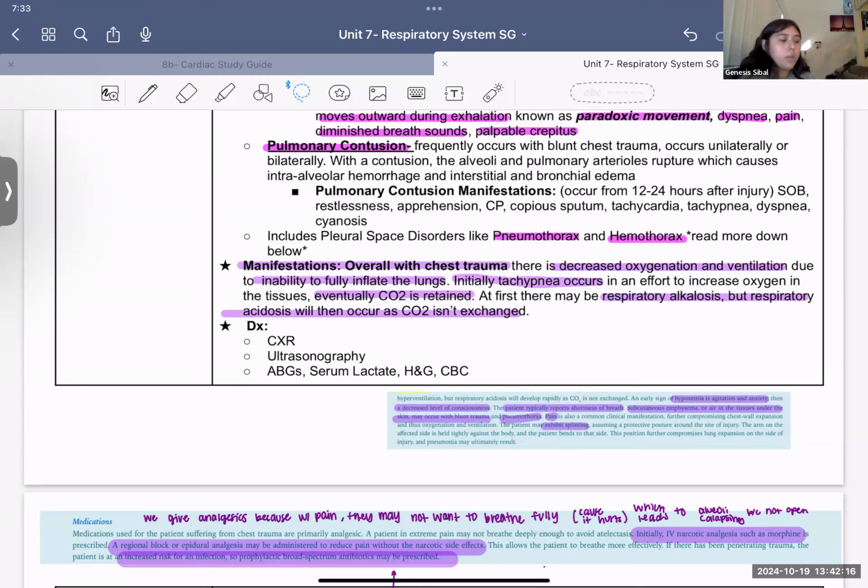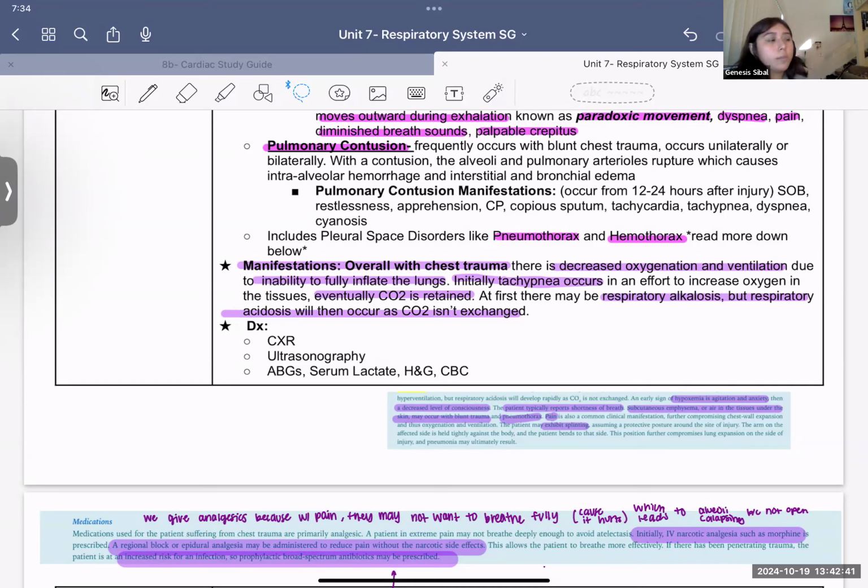You're not able to breathe because of your chest trauma. This can happen unilaterally or bilaterally. With a contusion, the alveoli and pulmonary arterioles rupture, which causes intra-alveolar hemorrhage and interstitial and bronchial edema. So you just want to make sure that they're being monitored, see what's going on, but they will just need healing with that. That does happen with time, but obviously treat your symptoms.